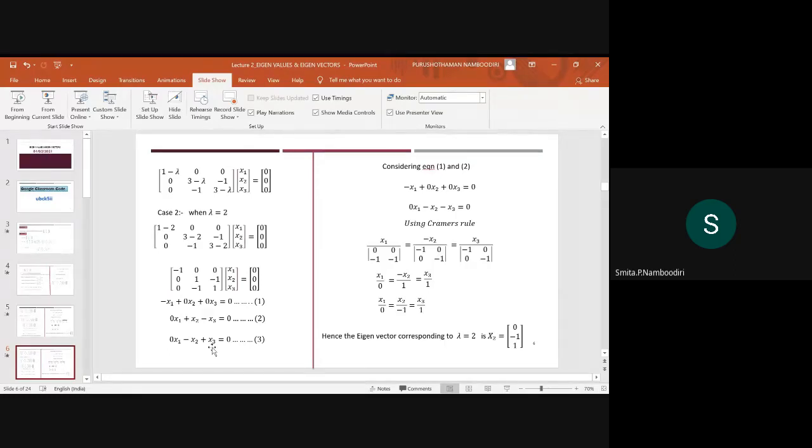सो टेक इक्वेशन 1 and 2 और 1 and 3. अगर तुम्हें डिटर्मिनेंट निकाला, सपोज मैंने x1 को छोड़ा, तो डिटर्मिनेंट क्या आएगा, 1 minus 1, दैट इज 0. अगर x2 का निकाला तो अगेन 1 minus 1.